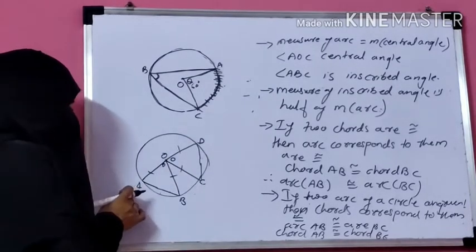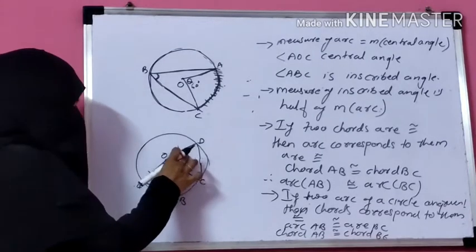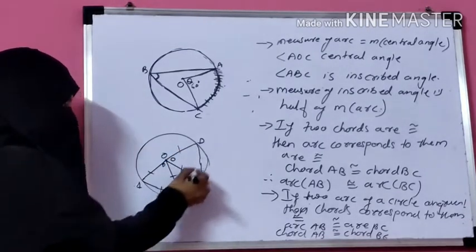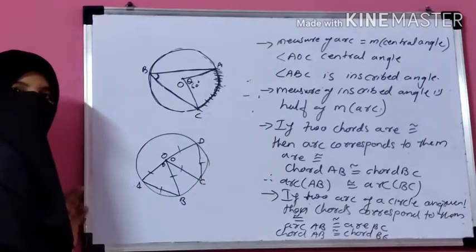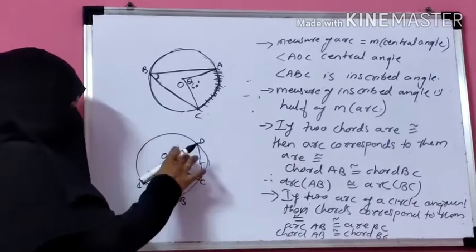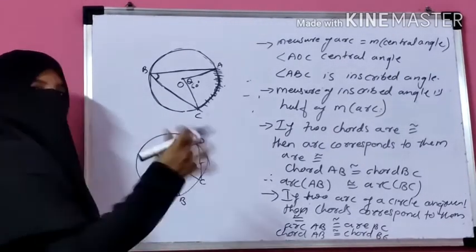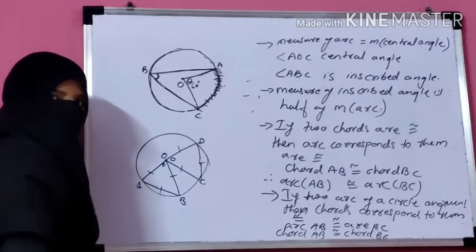So by the SAS test, these two triangles are congruent. If these two triangles are congruent, then the remaining parts are congruent by corresponding sides of congruent triangles. Okay. So to prove this theorem, you just have to prove these two triangles are congruent. If these two triangles are congruent, then automatically the remaining parts are congruent.